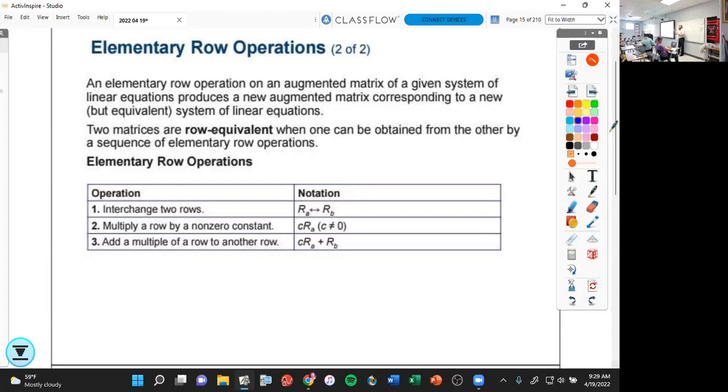For instance, 4 R sub 4 would mean take row 4 and multiply it by 4. If I wanted to add a multiple of one row to another, I would say 3 R sub 2 plus R sub 1, which means take 3 times row 2 and add it to row 1. Okay, pretty obvious.